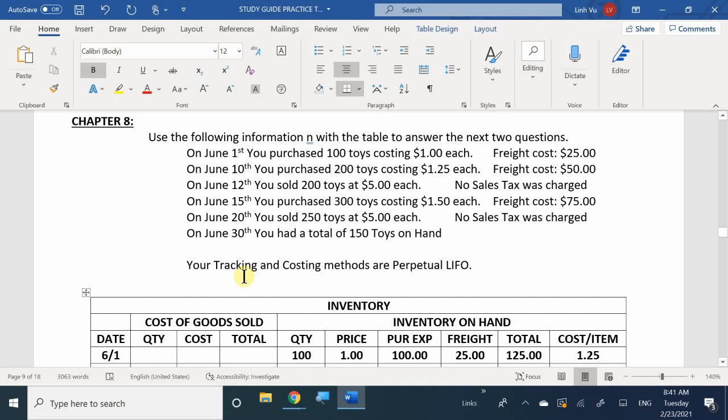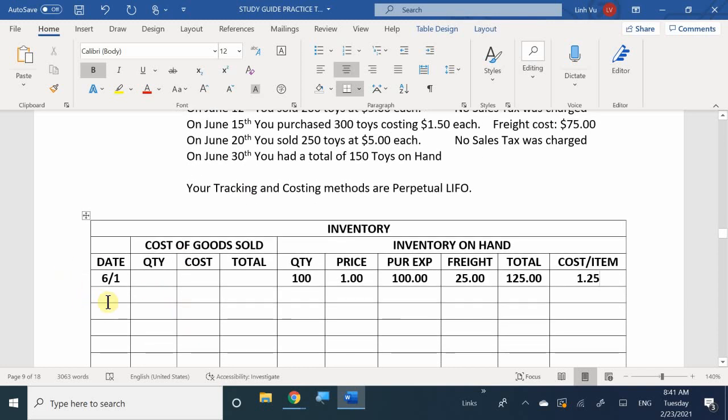Okay. So then what happened on June 10? You purchased another 200 toys at $1.25 each with a freight cost of 50.